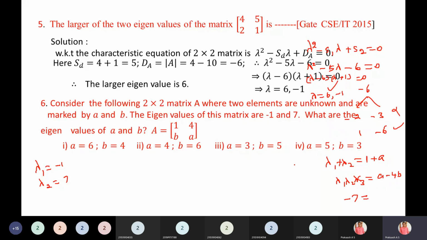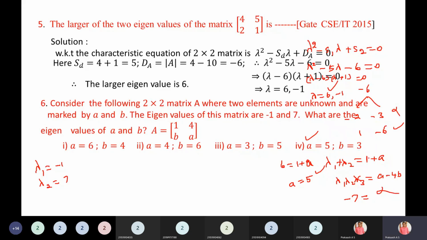Lambda 1 plus lambda 2 is 6, so 1 plus A equals 6, and A equals 6 minus 1, that is 5. So A equal to 5 is correct. No need to find another value.